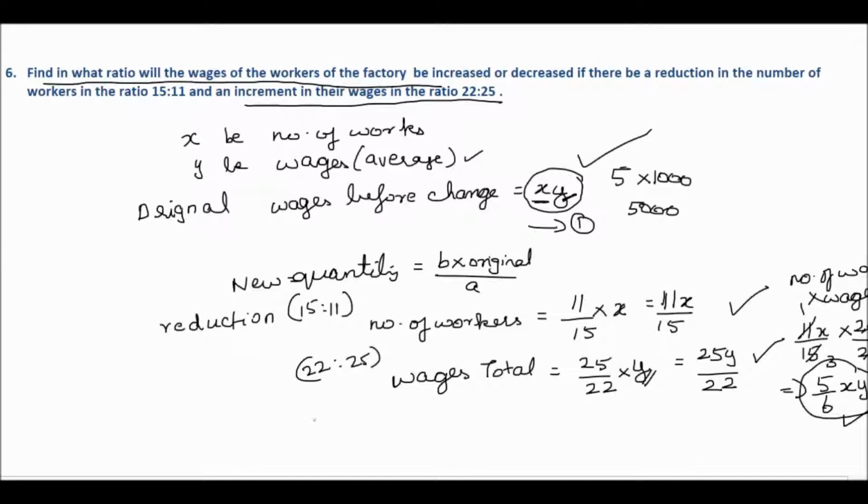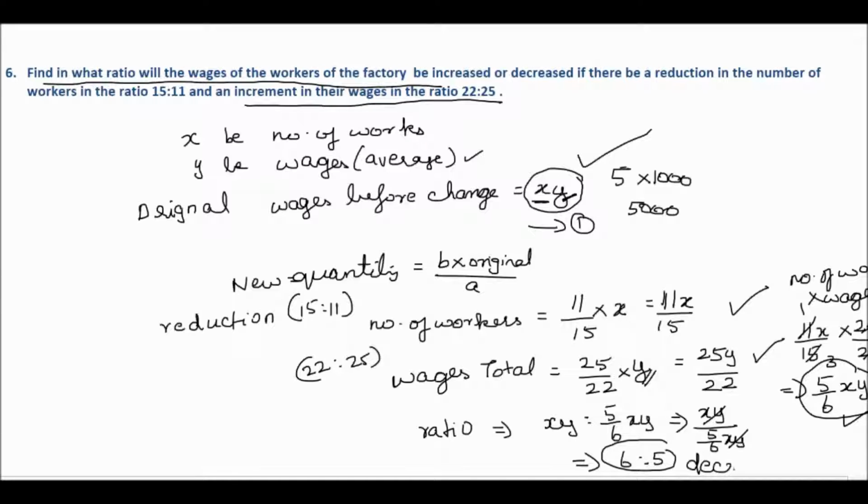One part is reduced out of 6 parts, so in ratio form I can write xy is to 5 by 6 xy, so xy divided by 5 by 6 xy will get cancelled and the answer is 6 by 5, which is a decrease in wages.